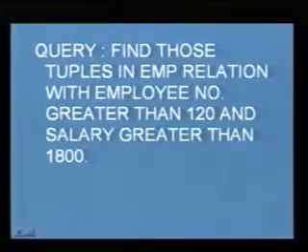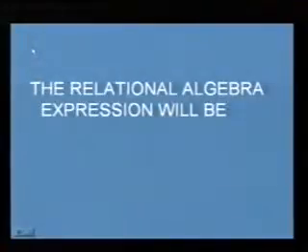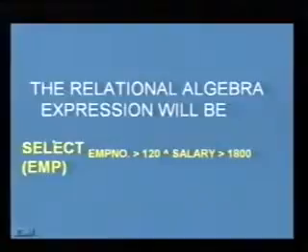For example, if you are given a query to find those tuples in the EMP relation with employee number greater than 120 and salary greater than 1800, then the relational algebra expression will be: select EMP number greater than 120 and salary greater than 1800, followed by the name of the relation, that is EMP, in parentheses.